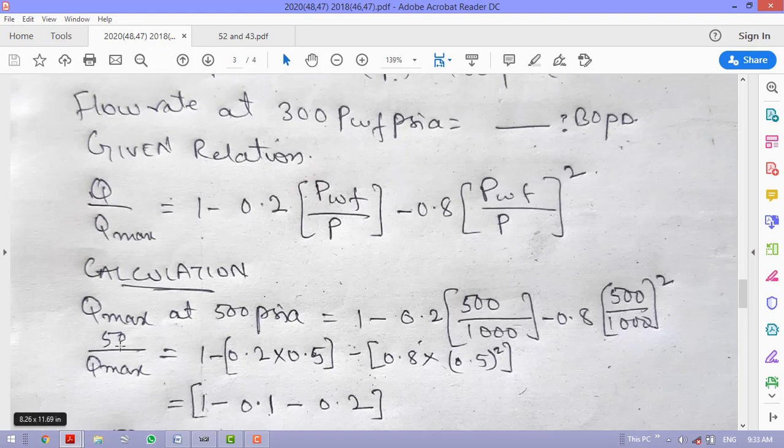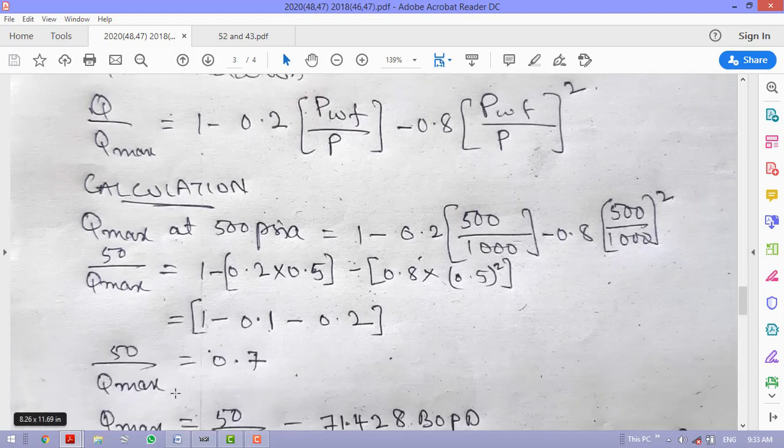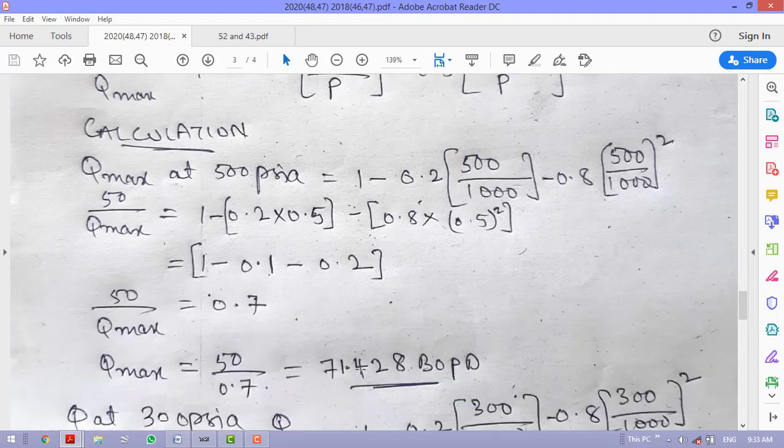The Q value at 500 psi is 50 barrels per day, so 50 divided by Q max is equal to 1 minus 0.2 into 0.5, minus 0.8 into 0.5 whole square. After further simplification, I got the final answer: Q max is equal to 71.428 barrels per day.